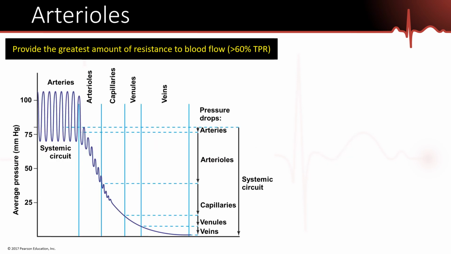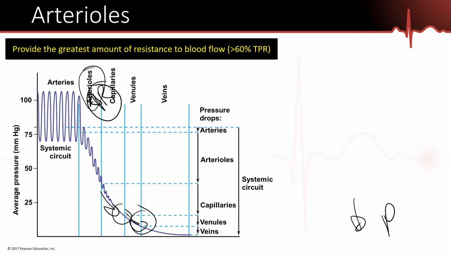So think about this. During a sympathetic response, the arterioles vasoconstrict, they narrow, and you're going to create even more resistance throughout the systemic circuit. There's more resistance now. And what's that going to do? That increase in resistance is going to further hamper the blood flow within the venules and the veins, which would further decrease the pressure within the venules or the veins.